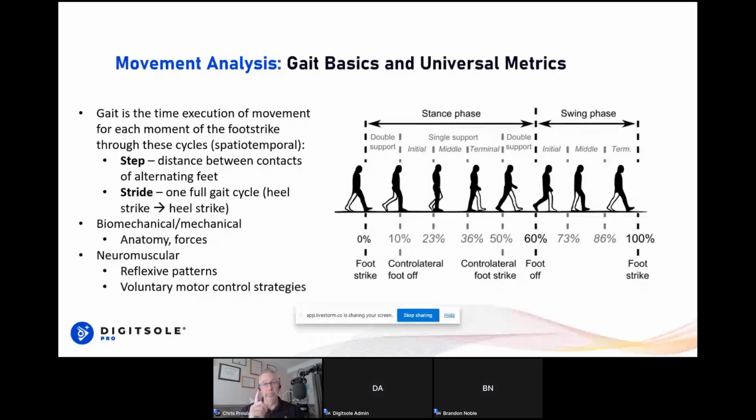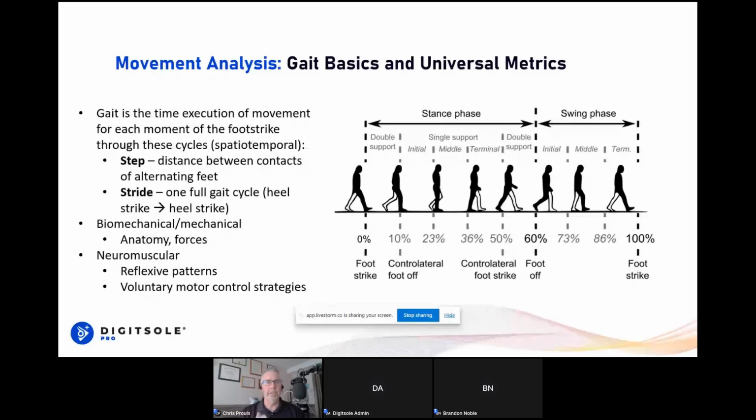And so there's always going to be at least one foot in contact with the ground when we're looking at walking analyses. Running's different because there is going to be a flight phase, but in walking analyses, there's always going to be a contact time. We actually get some interesting information because we can look at some of the orientation of the feet, but while they're in contact, there's other things that are going on throughout the body that can give us some insight as to what's going on with the patient.